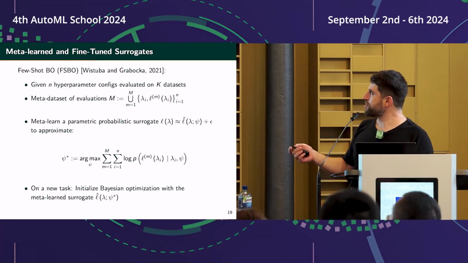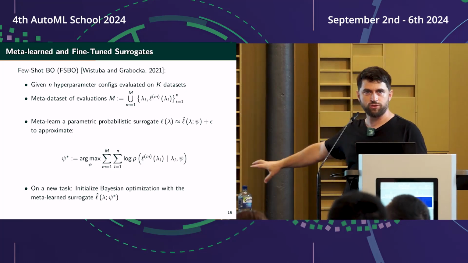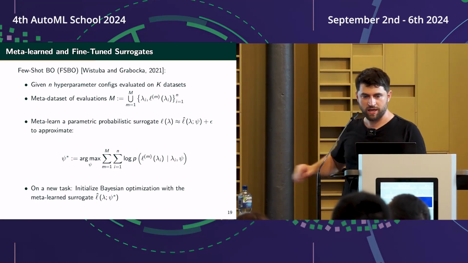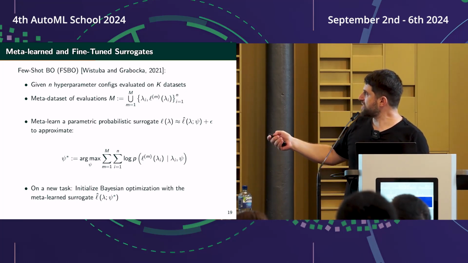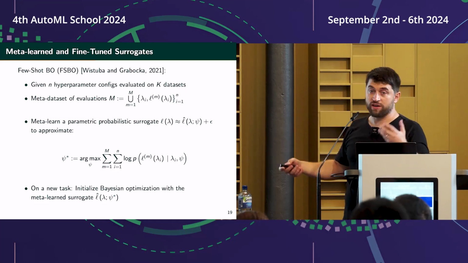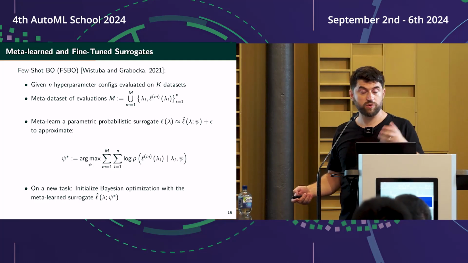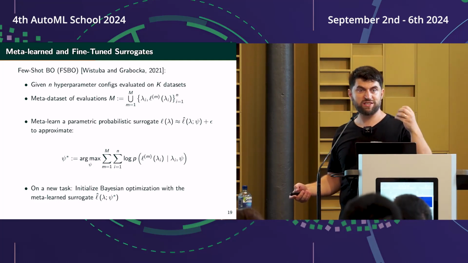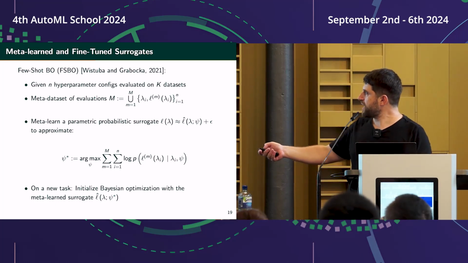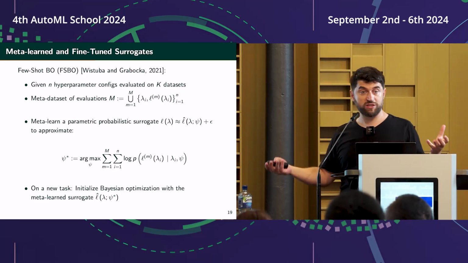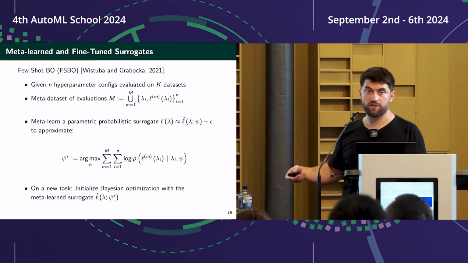Cool. So the first approach is we can take a surrogate, meta-learn it across different problems, and fine-tune it on a new target task. That is what this FSBO method does. So we have a set of evaluations across a number of data sets. We call this a metadata set because this is a data set of evaluations about the performance of hyperparameters. And we want to learn a performance predictor that is probabilistic and fit it across the evaluations of a metadata set.